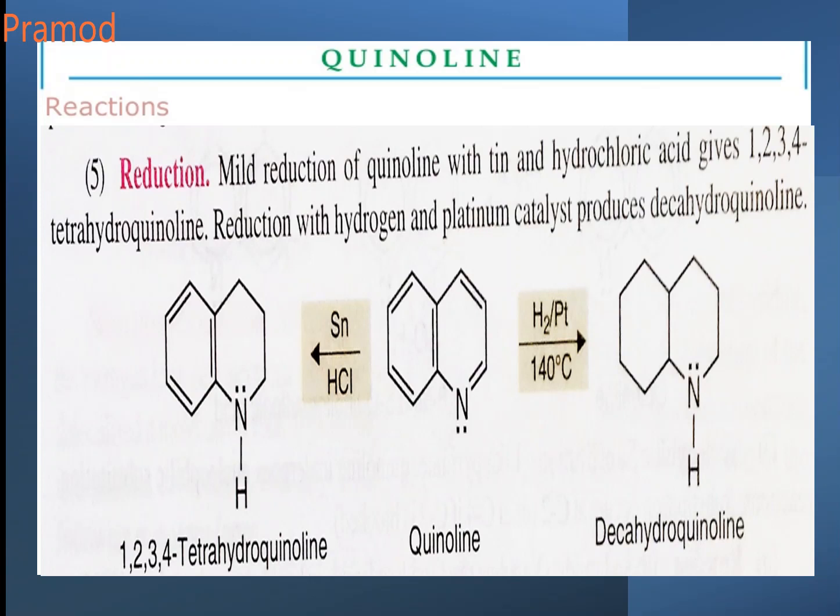This is your reduction reaction. So with tin and HCl, only your pyridine ring gets reduced, whereas with platinum and hydrogen gas at high temperature, your entire quinoline ring gets reduced.